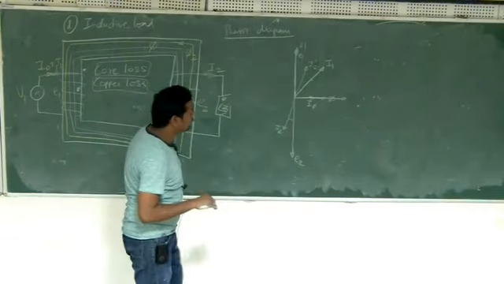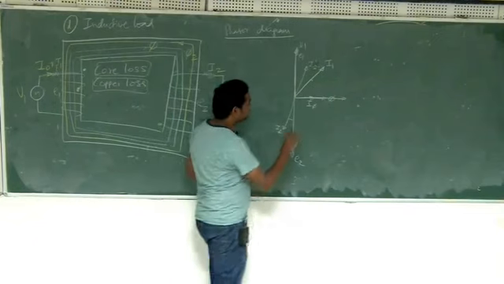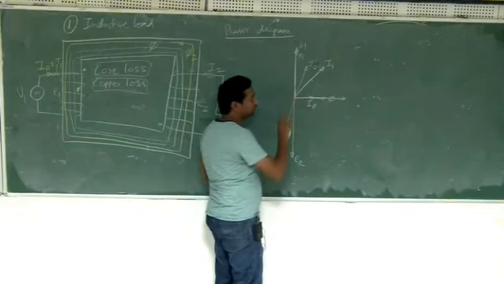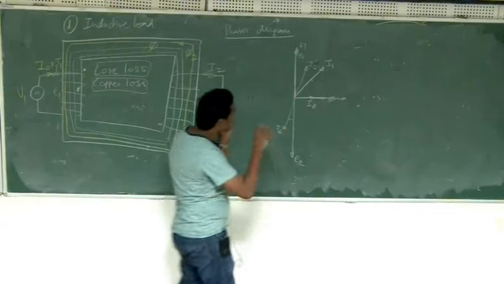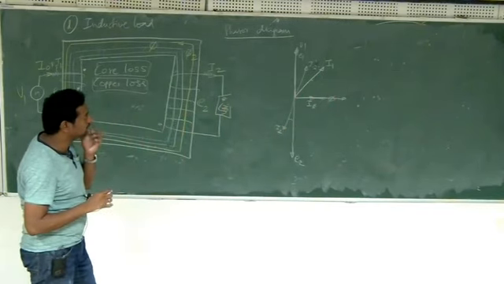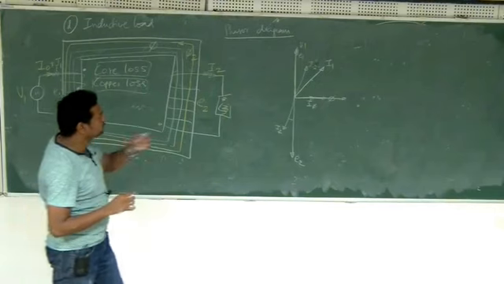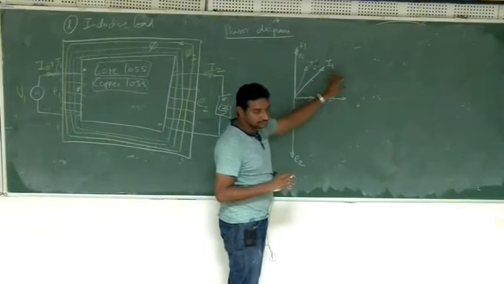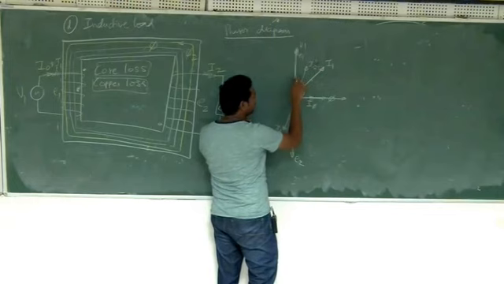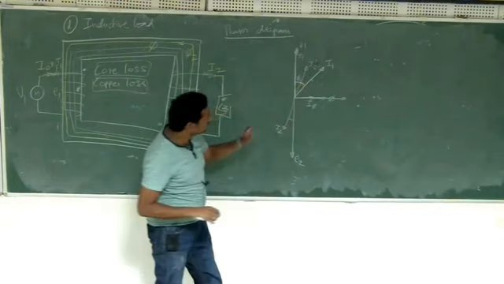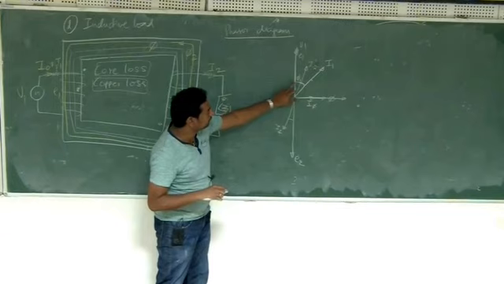If you still want to keep track, you can also consider that small current Im for representing the core losses, and you can add it. But for the time being, we'll keep it like this. So this is I1. The angle between E1 and I1 is phi 1, the primary side power factor angle.